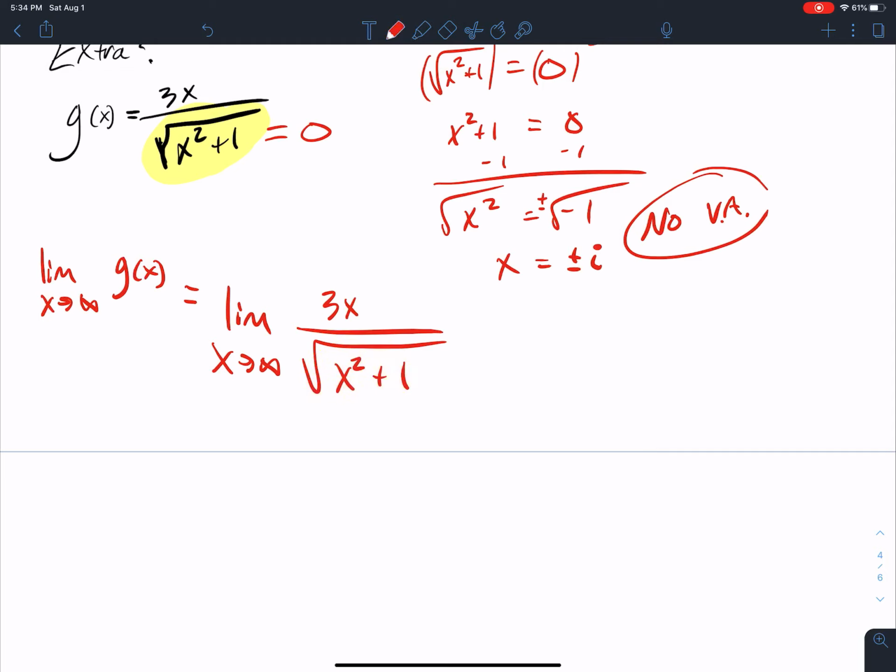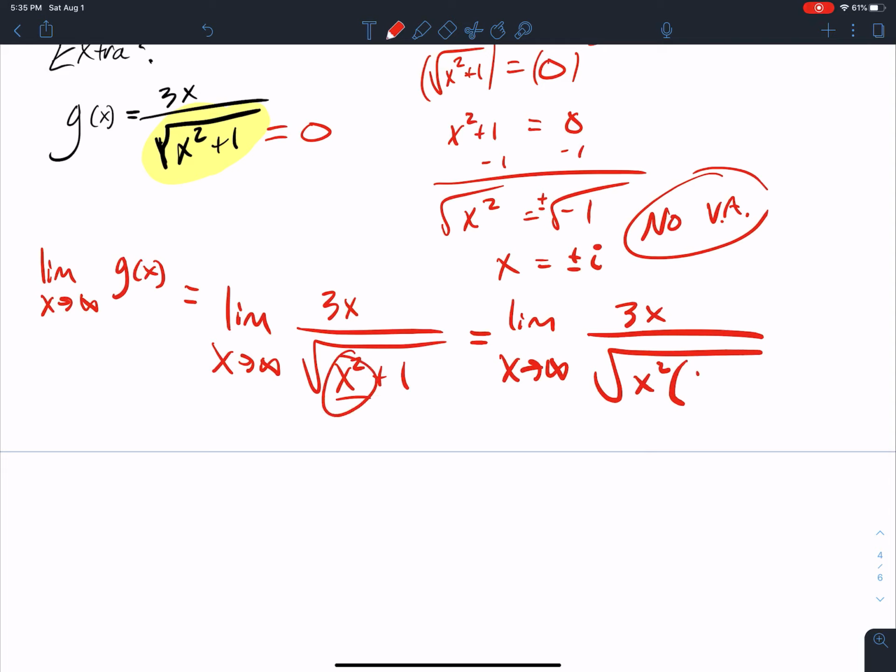What I'm going to do is factor the x squared out of this denominator piece, and so I have a limit as x goes to infinity of 3x over, and I have x squared factored out of this, and so if I factor an x squared out of x squared, I just have 1. If I factor an x squared out of 1, what do I have? Well, I got 1 over x squared, okay?